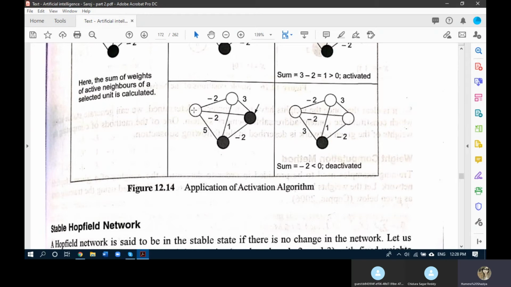However, among the 3, only one is in the active state. So you consider its weight, which is minus 2, and because it is less than our threshold value, this black node turns out to be white, which is inactive.